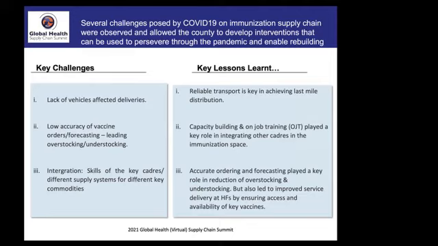And these lessons that we learned, we are trying to scale them up in all the other facilities that did not participate in the pilot study, so that as a county, all the immunizing facilities, the 124 plus, are able to adhere to the protocols, so that we can all harvest the positive gains in the immunization space.